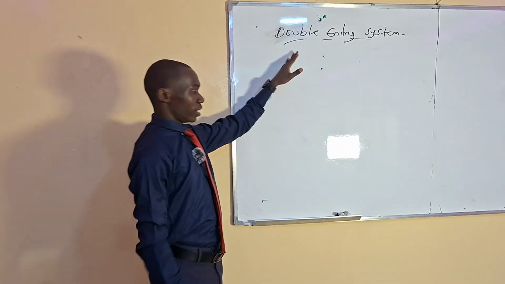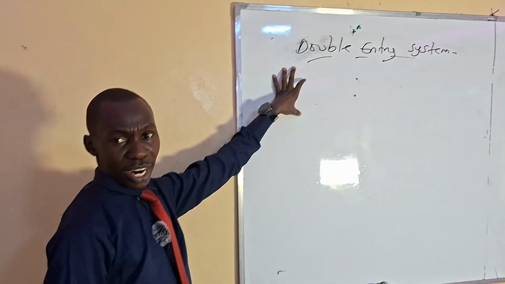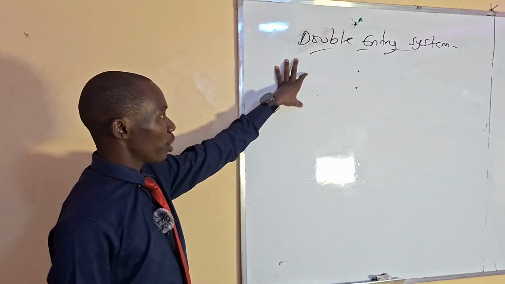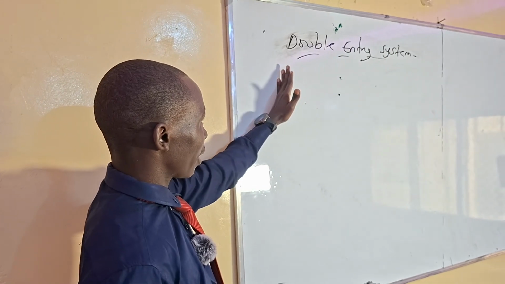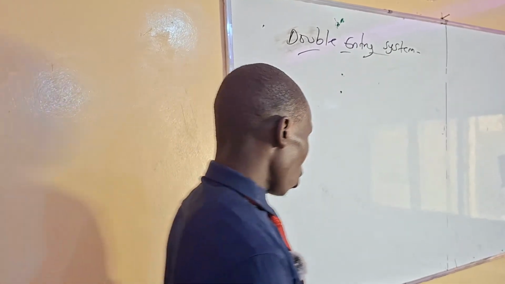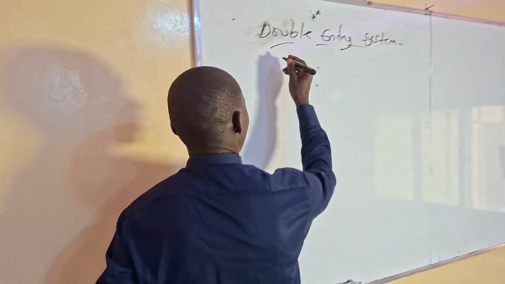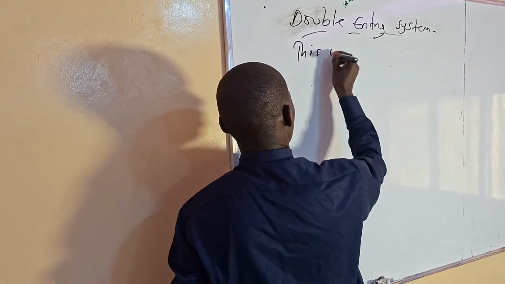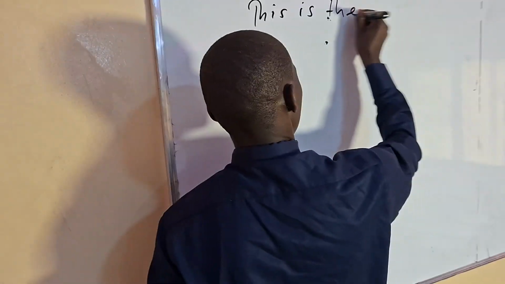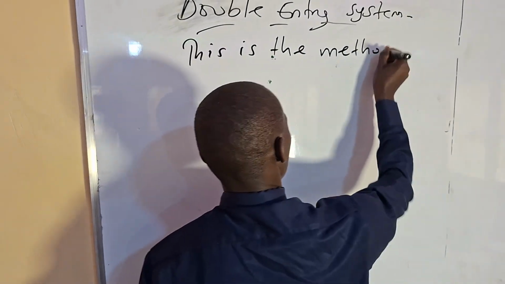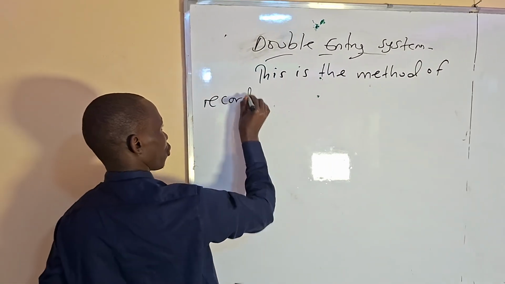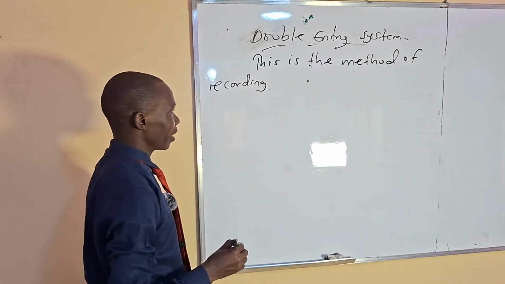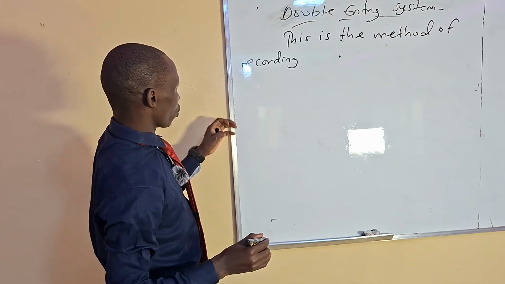This double entry system is a key principle in accounting which we use when we are recording our transactions. Don't forget, I told you we are still at the recording stage of accounting. So we can say this is the method of recording. Yes, don't forget we are still looking at the recording part of our accounting process.